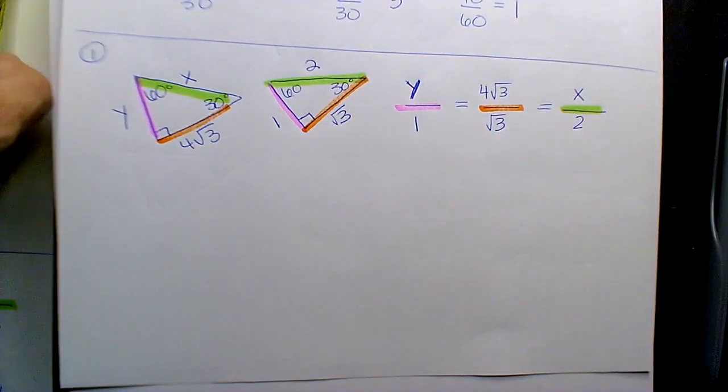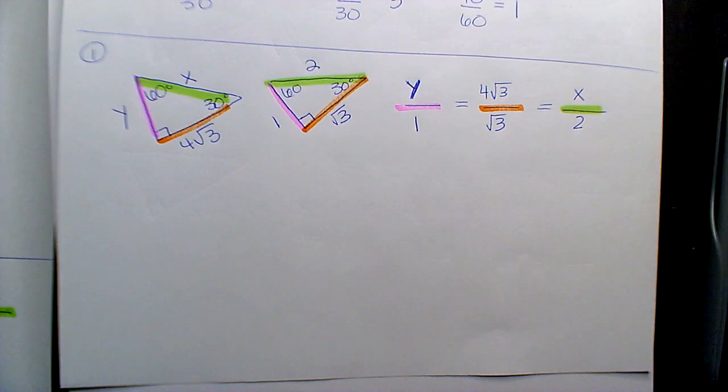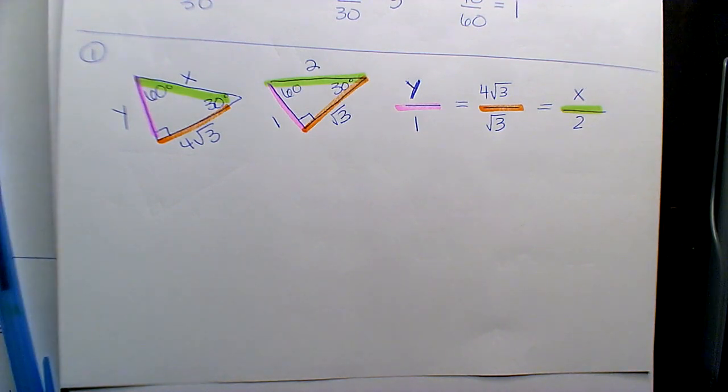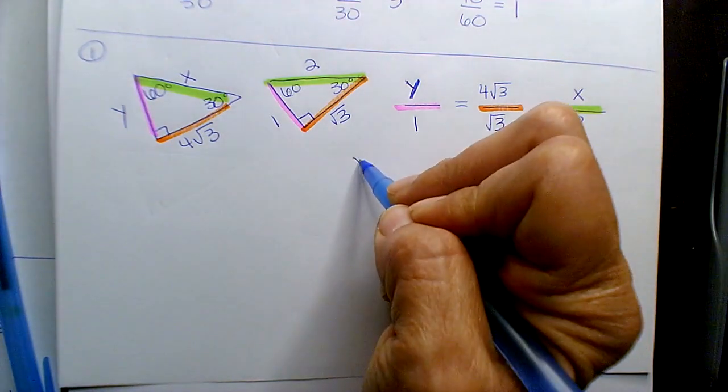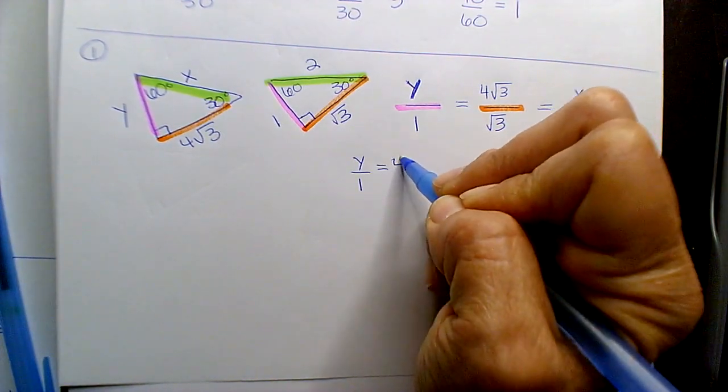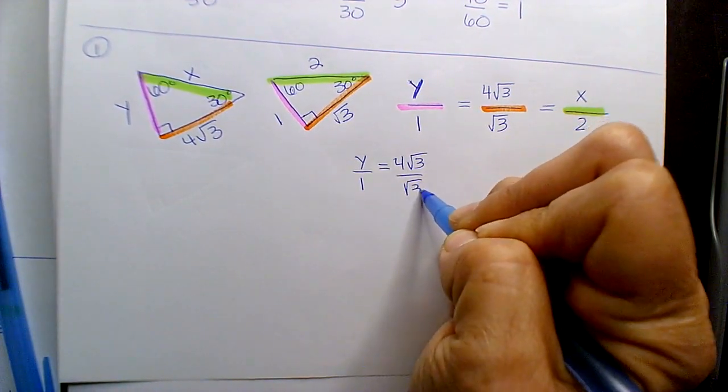All right, how much you guys want to use the calculator is something you'll figure out. You can start slow, and then eventually you can work your way to the calculator and mental math. All right, so look, if you want to solve y, you cover this up. If you want to solve for x, you cover that up. And so y over 1, 4 rad 3 over rad 3.